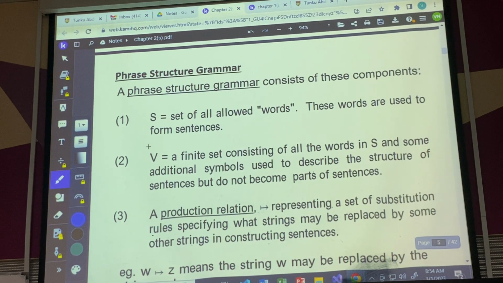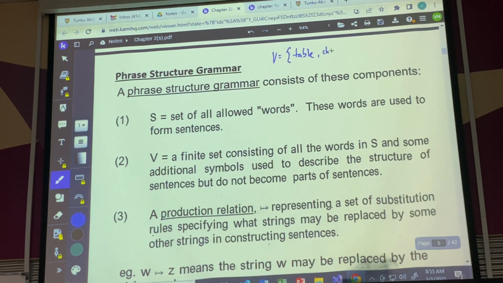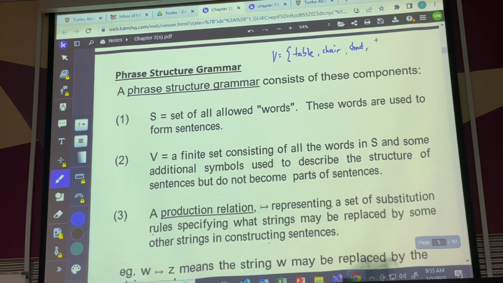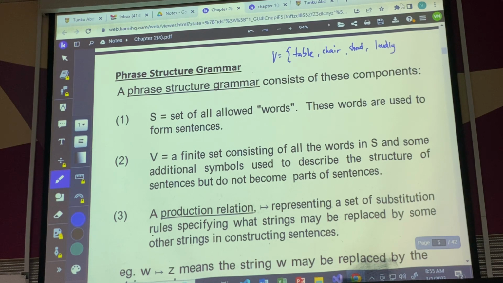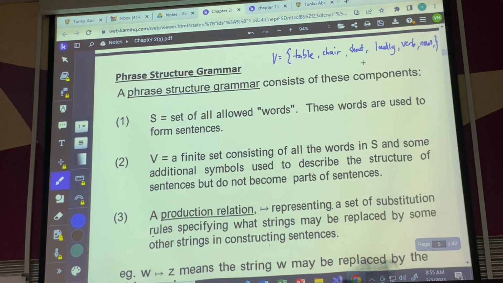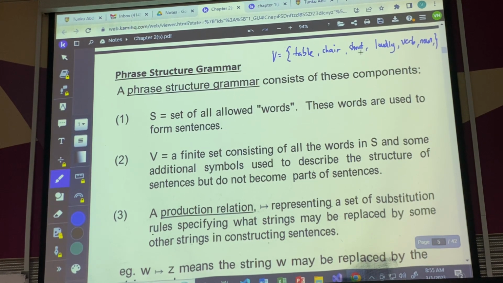What are the examples in the set V here? For example, the words I said just now: table, chair, shout loudly, and let's say I add in a verb, I add in a noun. So the words that we will use to form the sentence are table, chair, shout loudly, but the words that we don't use are verb and noun.